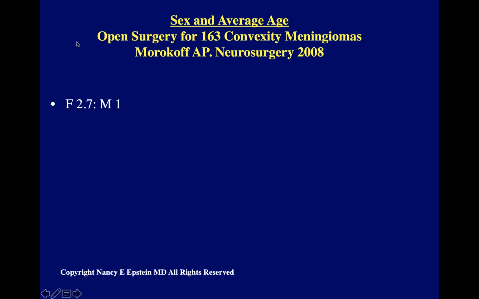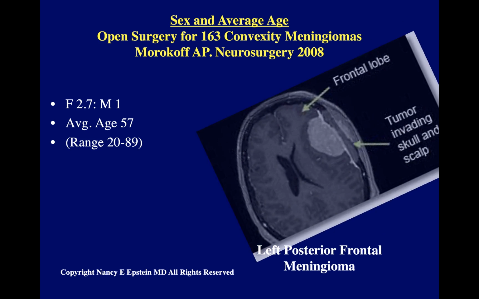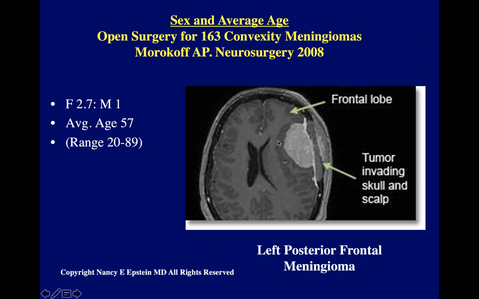The sex and average age for these patients: females 2.7 to 1 male, again reflecting the female predominance throughout all of these series. The average age was 57 with a range of 20 to 89 years. And here's an example of a left posterior frontal meningioma with actual extension into the skull that likely in this case required surgical resection.